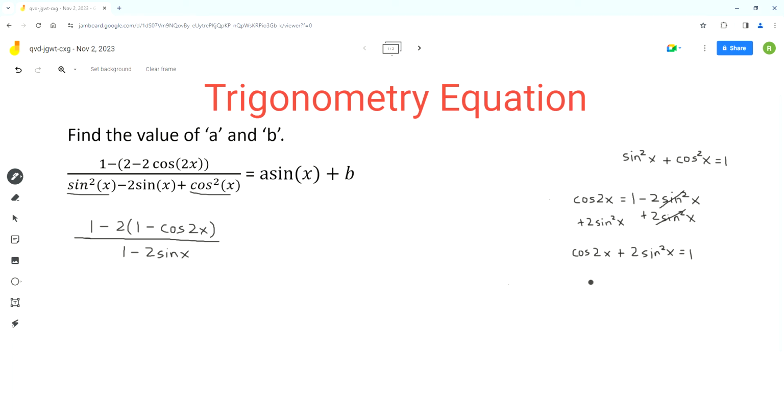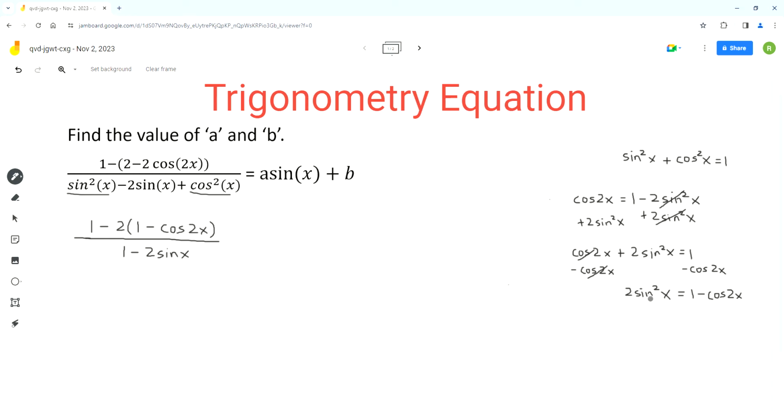And now we can subtract cos 2x from both sides. So the cos terms on the left side cancel each other out and we are left with 2 sine square x equals 1 minus cos 2x. So this is the rearranged form of the cosine double angle identity with just sine in it.